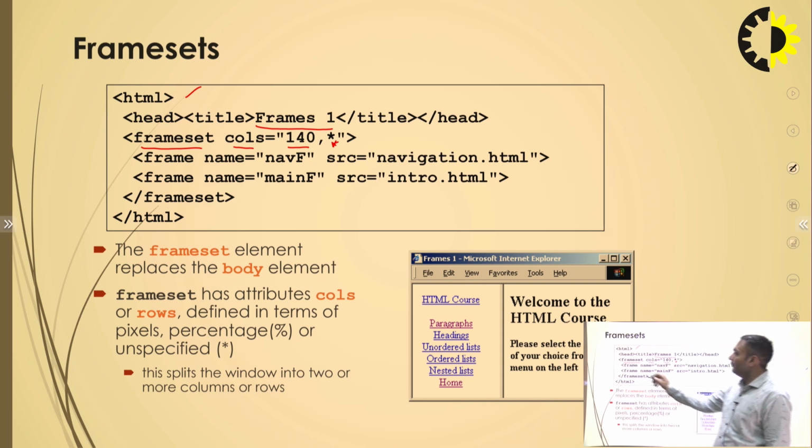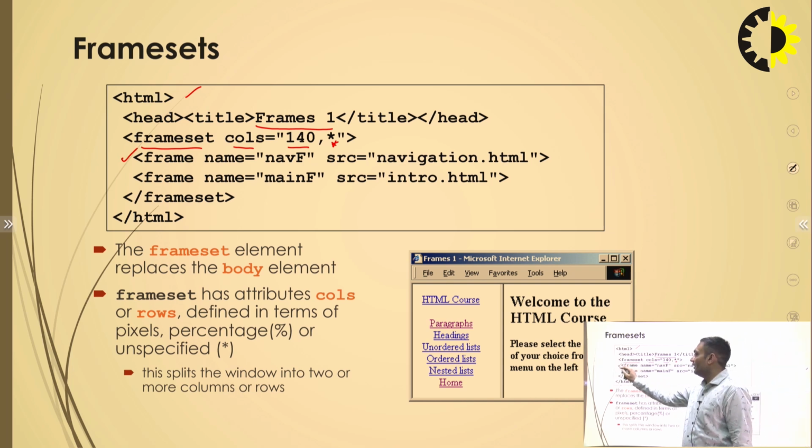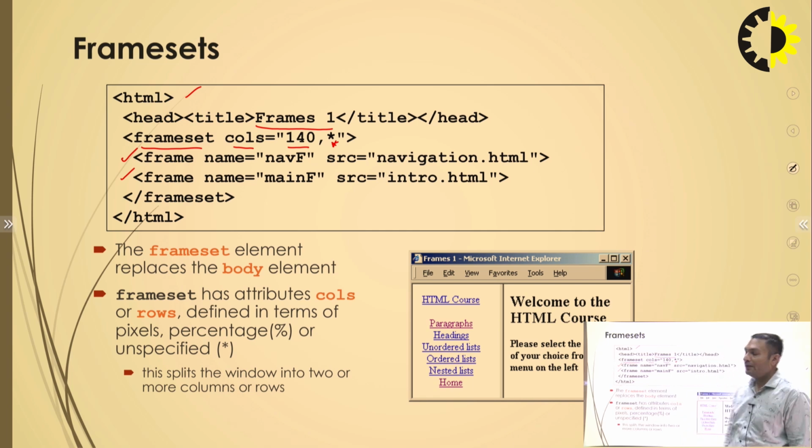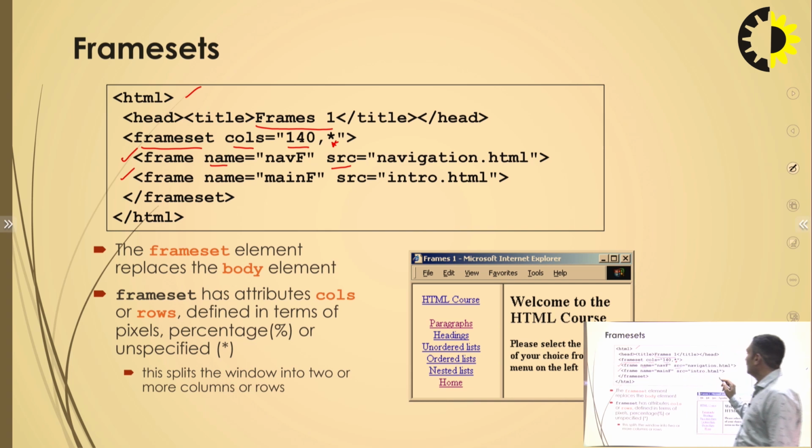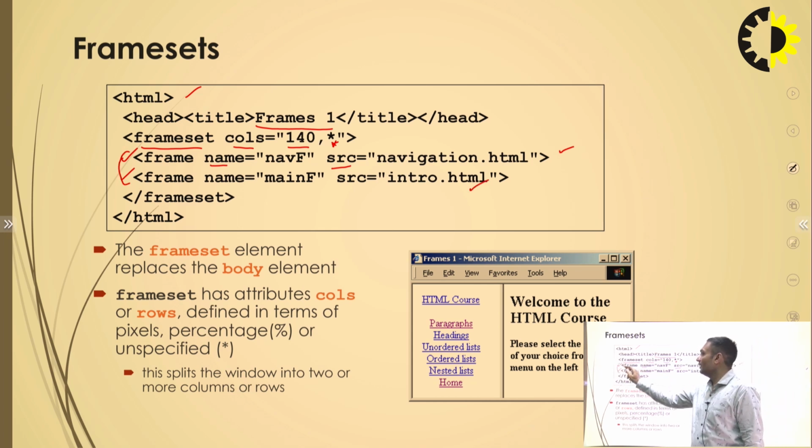In this frameset we are displaying two frames. The frameset tag itself is not complete; there is another tag we need to use, which is frame. Frame has attributes name and src, the source of that frame. The first frame is navigation.html, and the second frame is introduction.html. These are the two frames that we are displaying in this frameset.